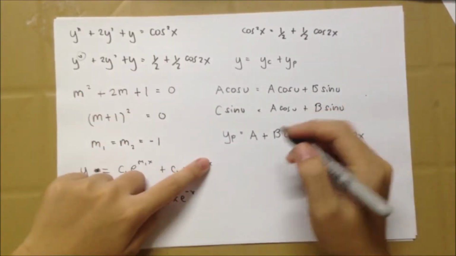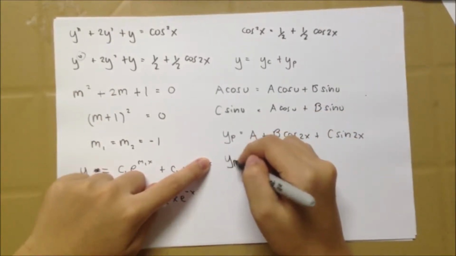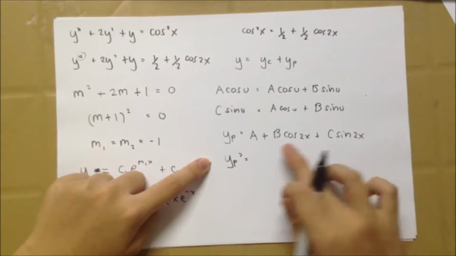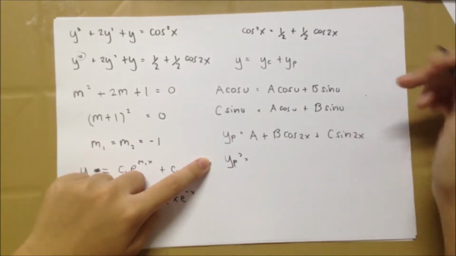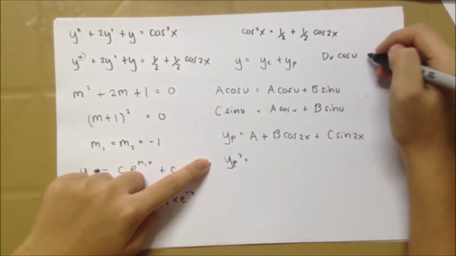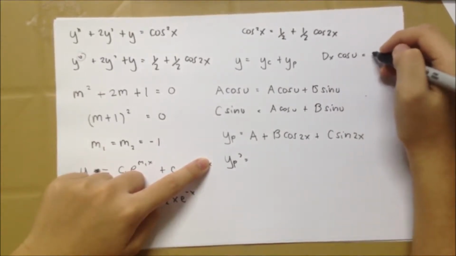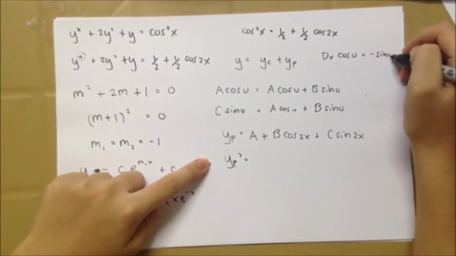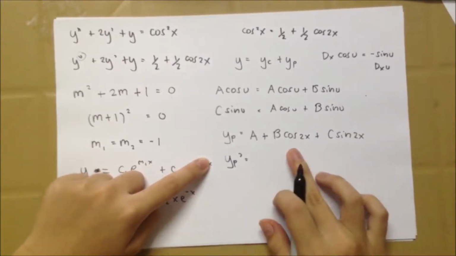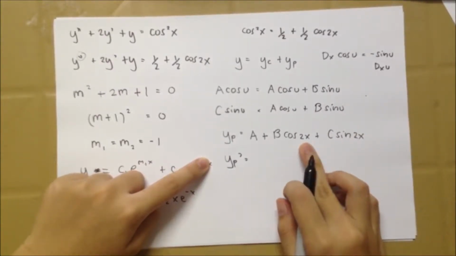So getting the first derivative, yp prime is just equal to the derivative of a constant, which is 0. Now remember that the derivative of cosine of u is the negative sine of u times the derivative of u. For this case, the derivative of our u is just equal to 2.